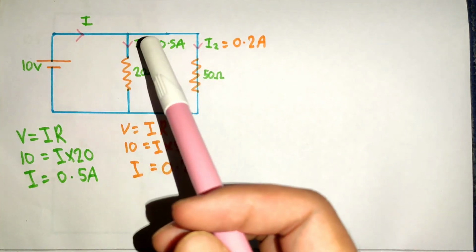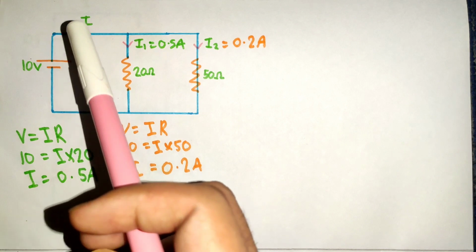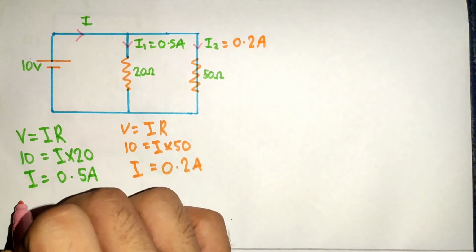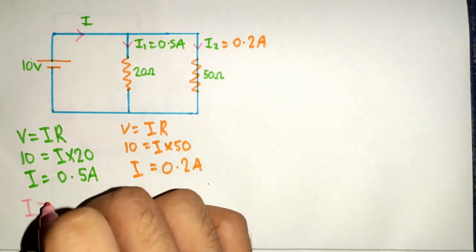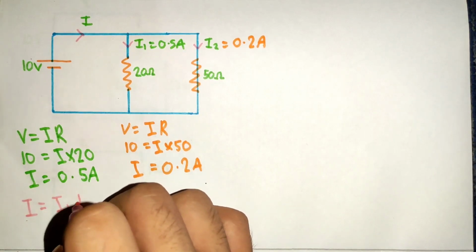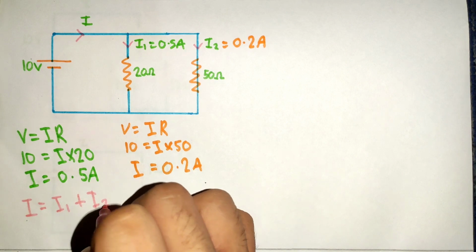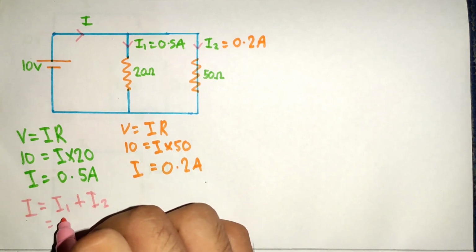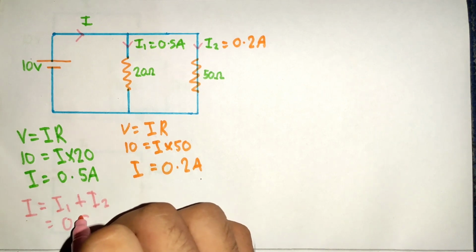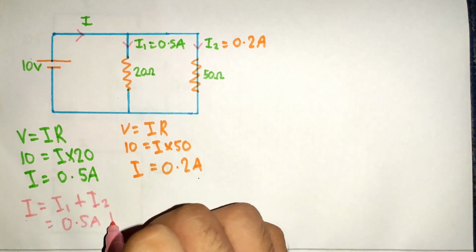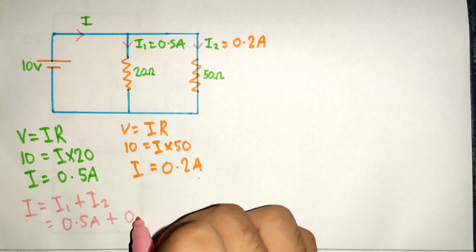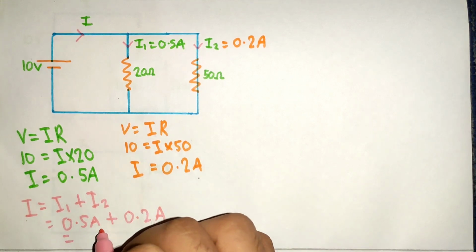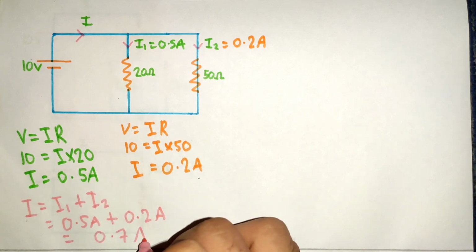As we know, I is divided into I1 and I2, so we can also write I equals I1 plus I2, or 0.5 plus 0.2 ampere. That gives us 0.7 ampere.